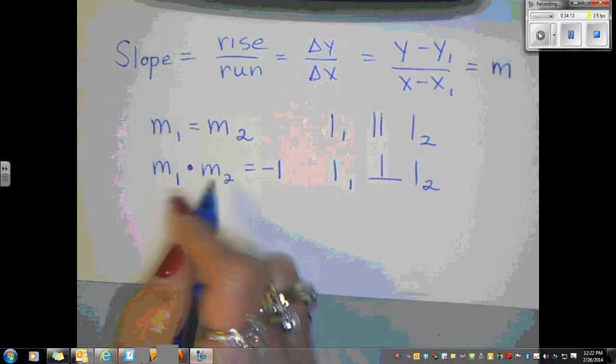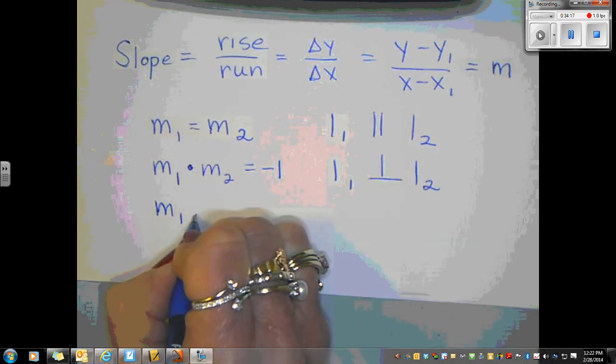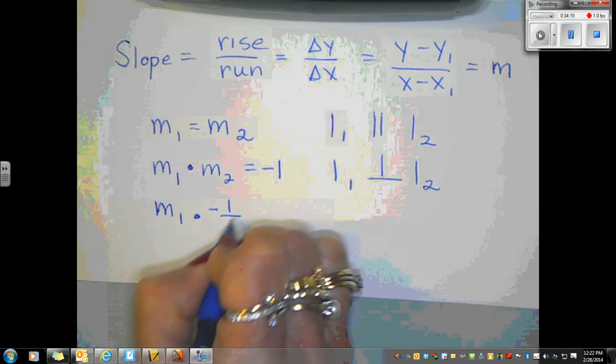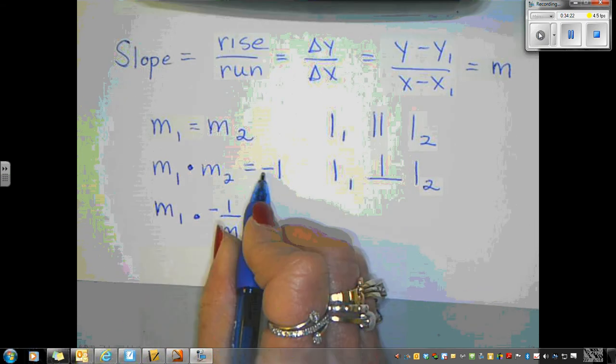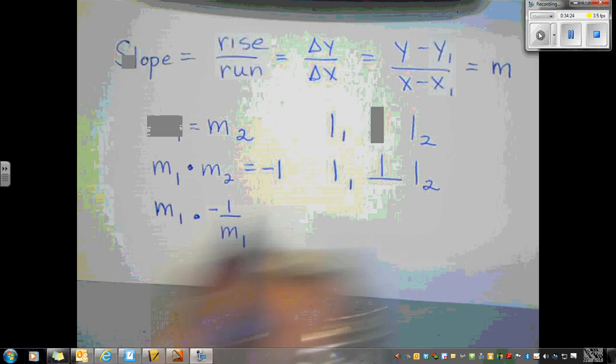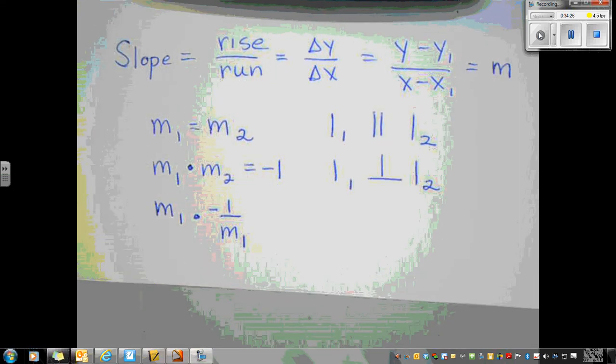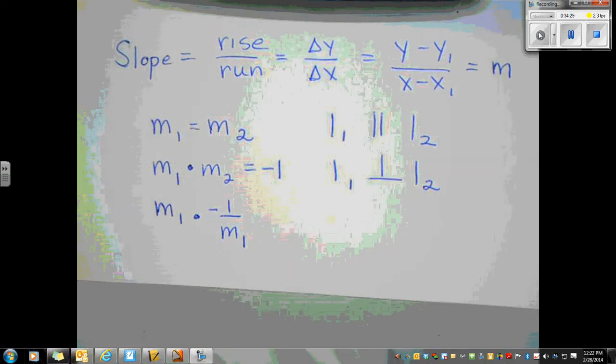Because what this means is really this guy, m1, is multiplying by -1 over m1. That's the only way that's going to happen. So if one of them's a 5, the other guy's -1/5. If one of them is -14, the other one is 1/14. Okay, negative reciprocals of each other. Okay?